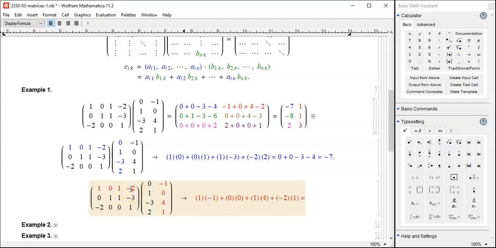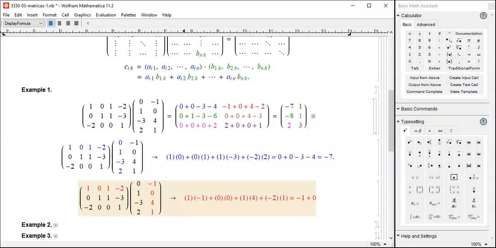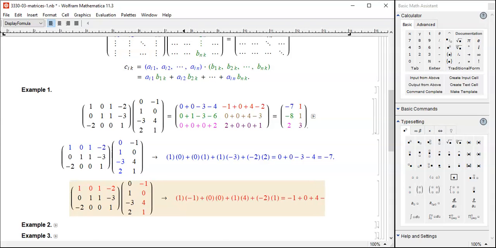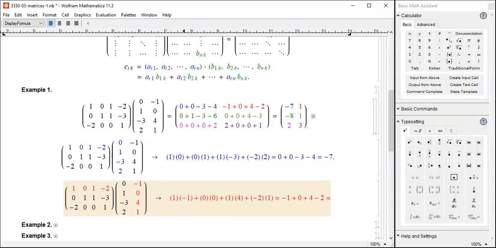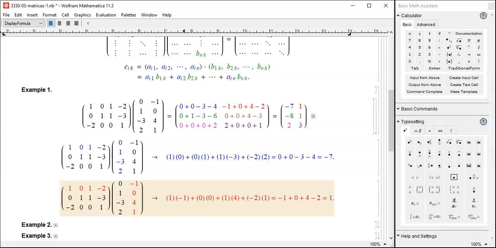Fourth entry of this row, fourth entry of this column. What do you get? Negative 1 plus 0 plus 4 minus 2, which is, is it 1? Yeah, that's right. 4 minus 3, that's 1.